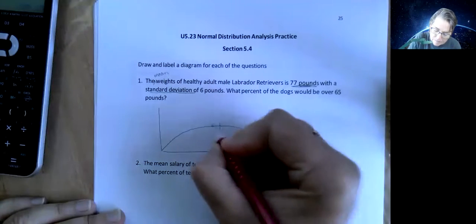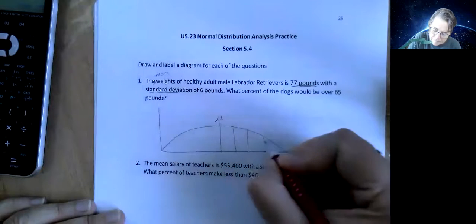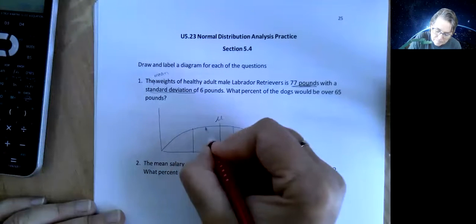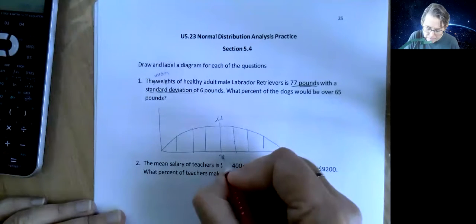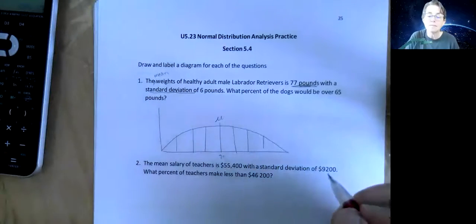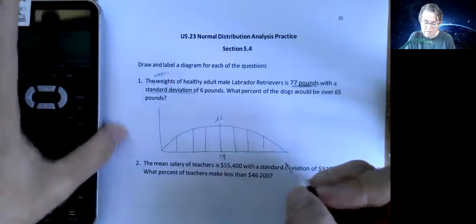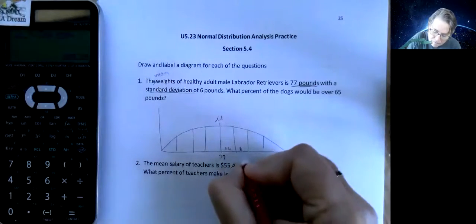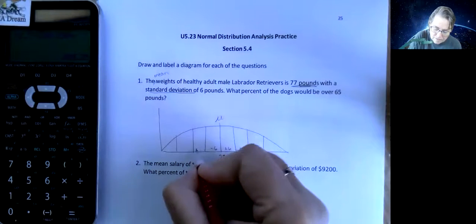There's my middle. There's mu. And 77 is here. And the standard deviation of 6, so plus 6, minus 6.